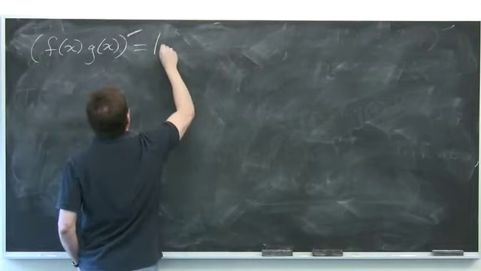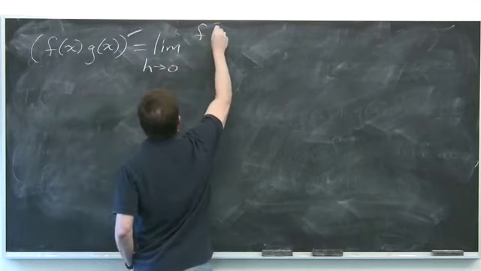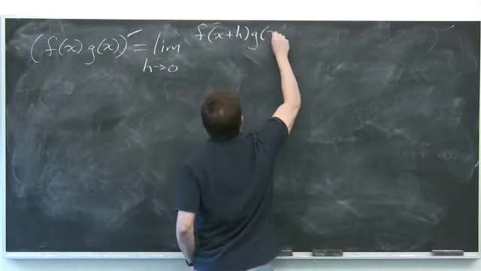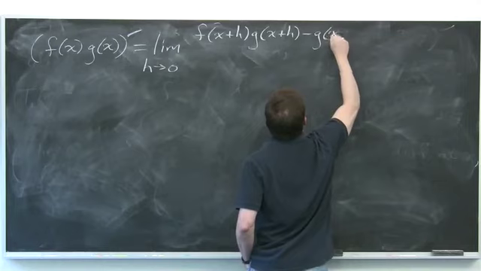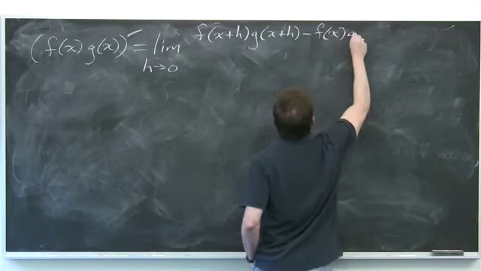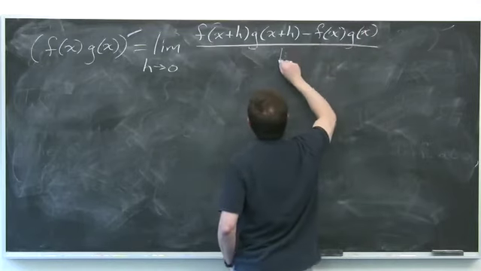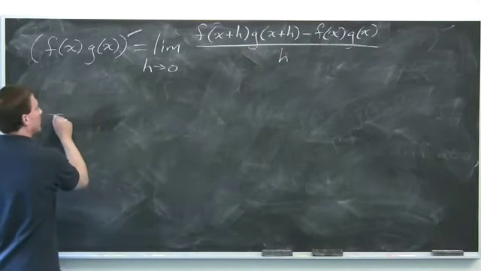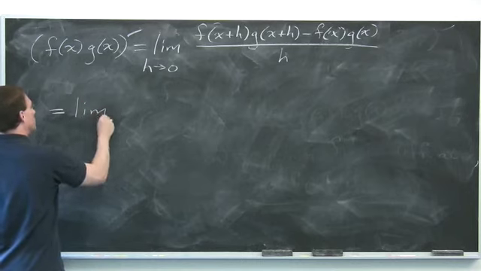That's the limit as h approaches 0 of, you replace the x's by x plus h, you subtract what you had at x, and you divide by h. And then we use mathematician's stupid trick number 1: add 0 in a clever way.